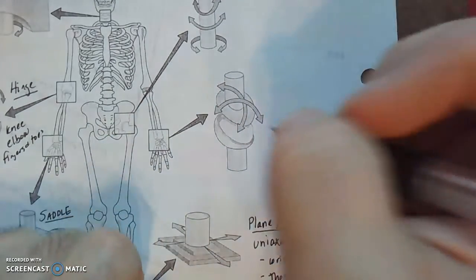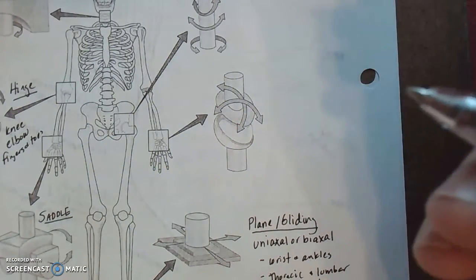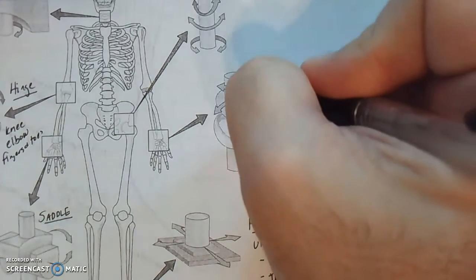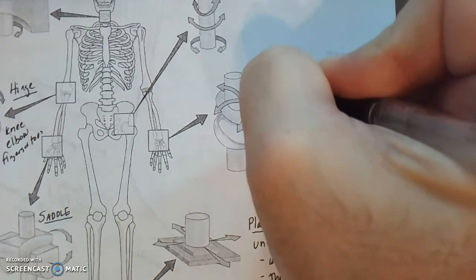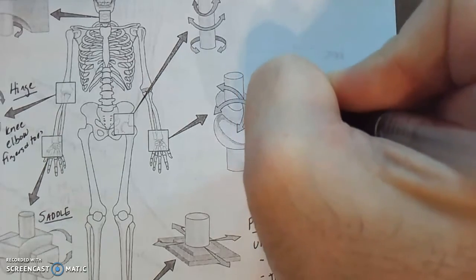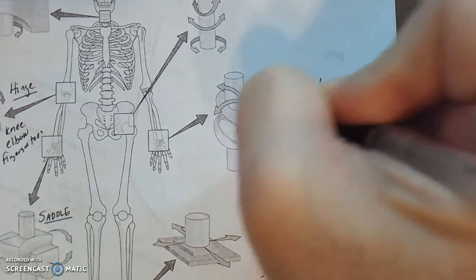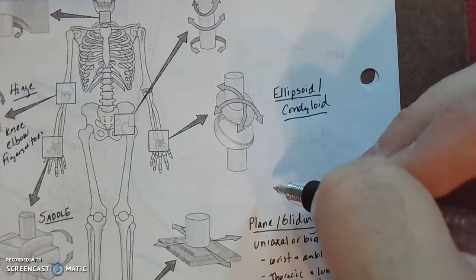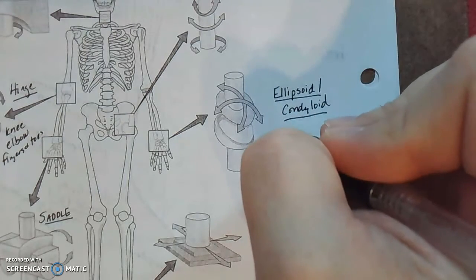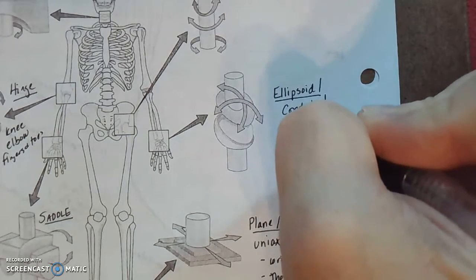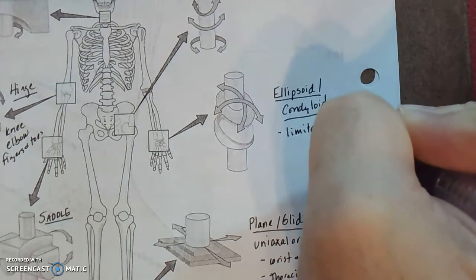This joint goes by two different names. So I've seen it as two different names. I've seen it as an ellipsoid or a condyloid joint. This again, biaxial. And this is limited rotation.